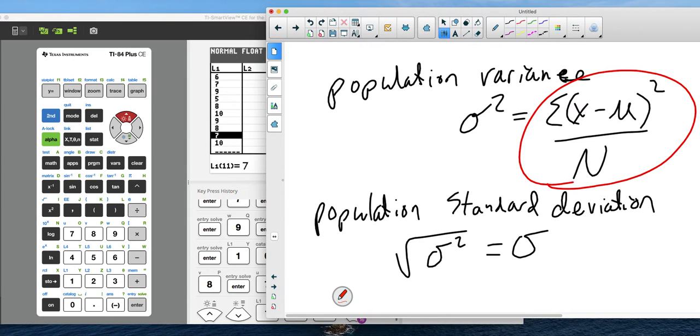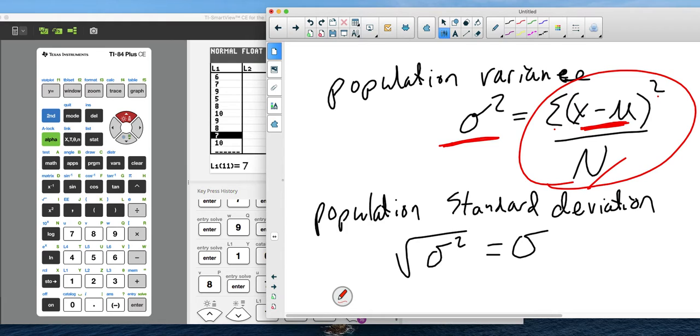It's on page 83. If you can't read my writing, it's on page 83. The sum of the deviations squared divided by the population size.